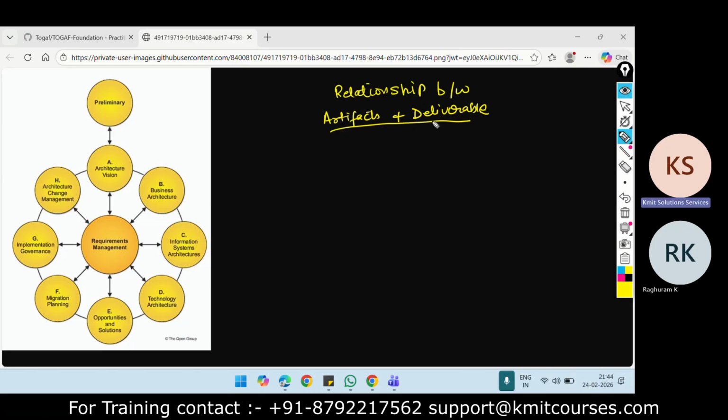Deliverable is whatever the specification, whatever is approved. And artifacts are the catalogs, diagrams and matrices.